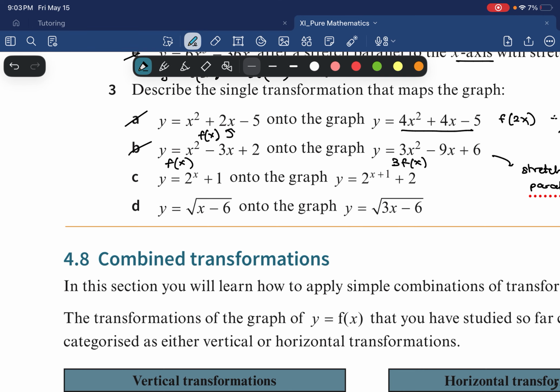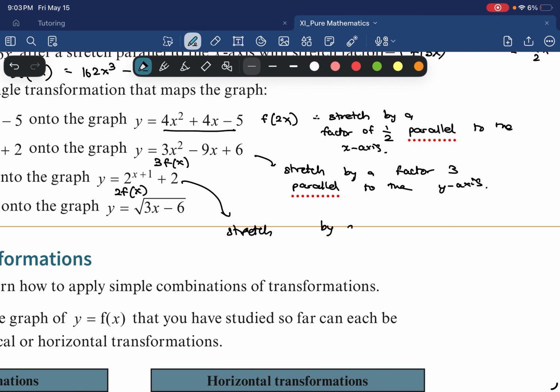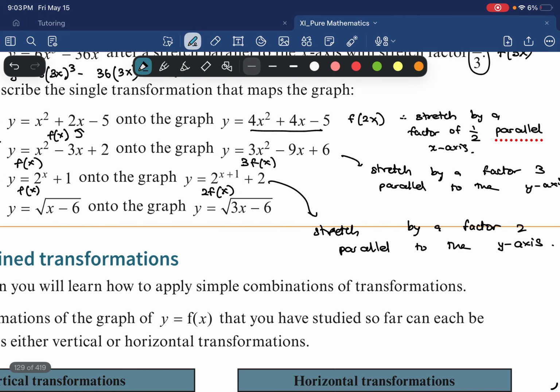All right. If this is f of x, you're going to see that this is 2f of x. So this is going to be a stretch by a factor 2 parallel to the y-axis again, because it's 2 times f of x.